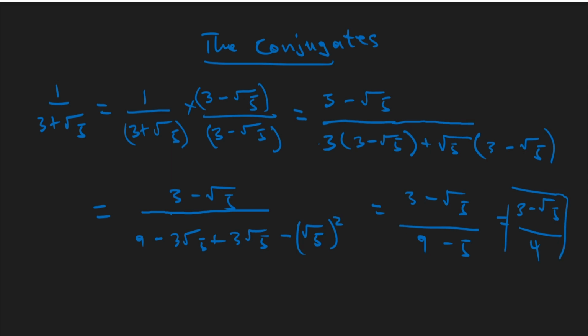That's it. But don't forget, this can also be written as 3 over 4 minus square root of 5 over 4. It's the same thing, but you can. Let's practice more on this.